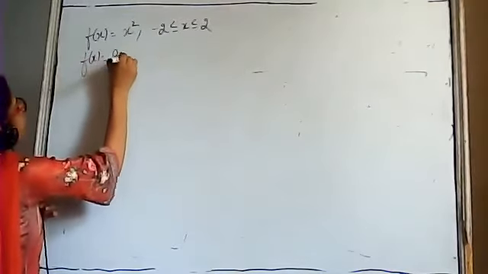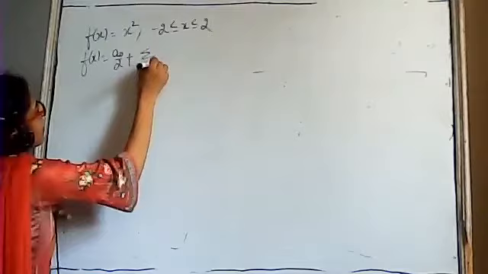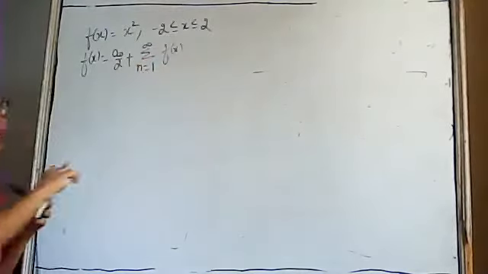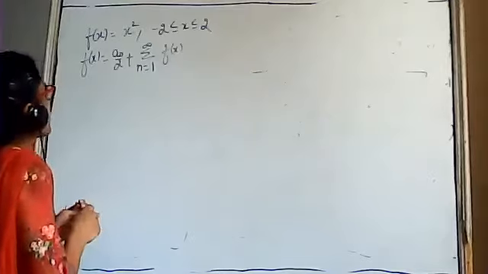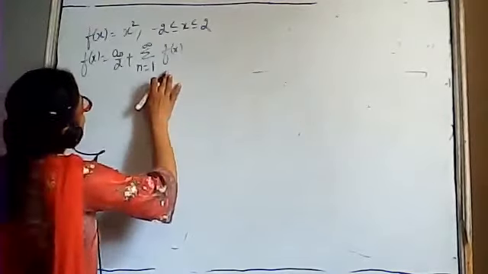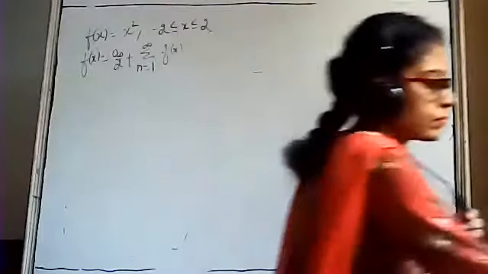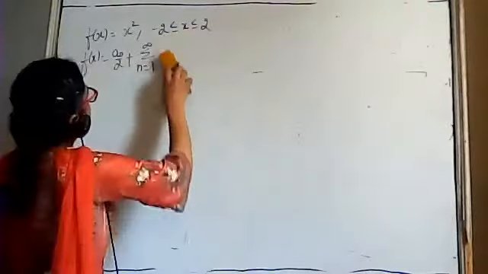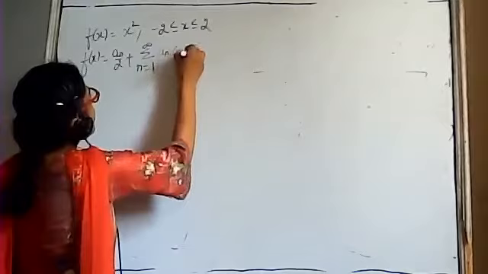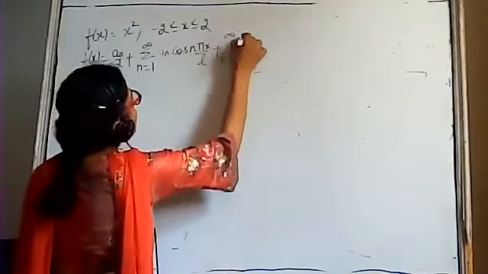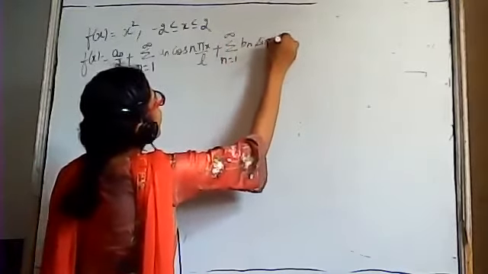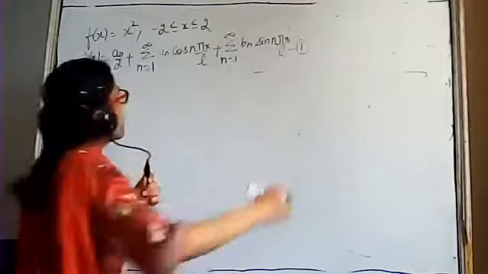equal to a0 by 2 plus summation n varies from 1 to infinity a_n cos of n pi x upon L plus summation n varies from 1 to infinity b_n sin of n pi x upon L. This is equation number 1.